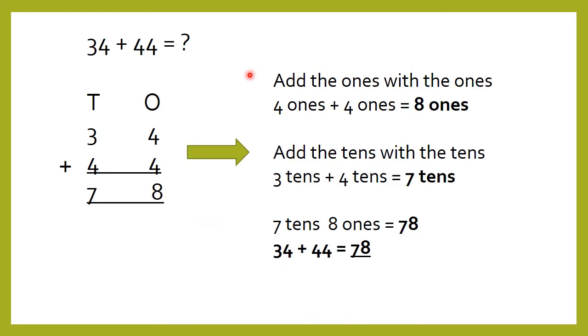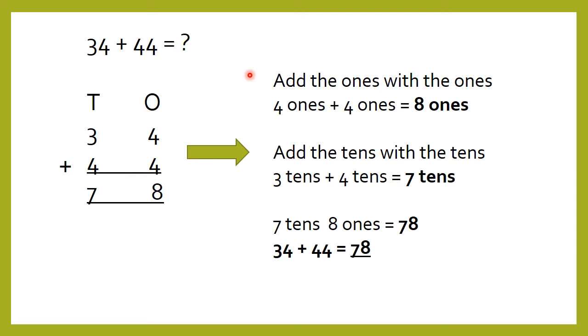I have taught you so many methods. You can either break the bigger number and add, you can count on in ones and tens, and you can also simply add the two numbers directly. How would you do that? You just add the ones with the ones and the tens with the tens.